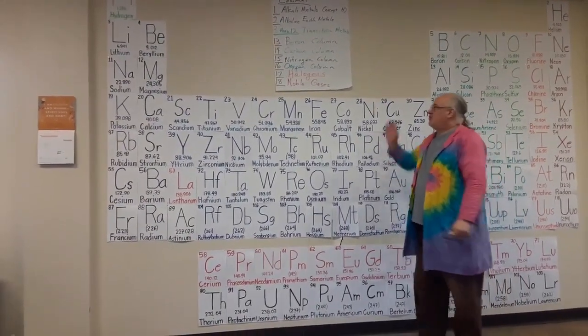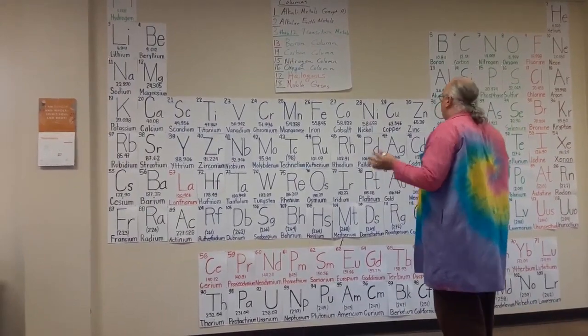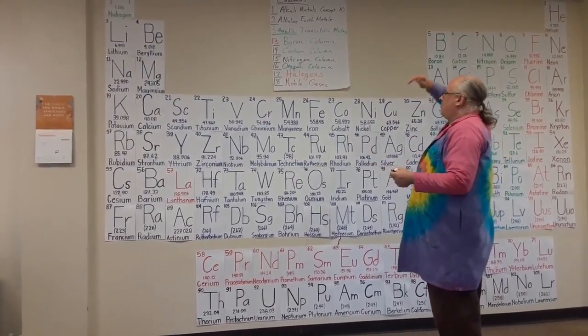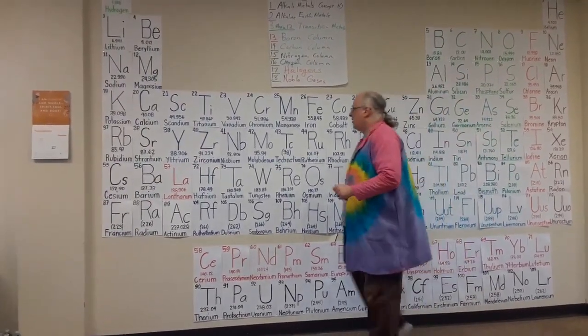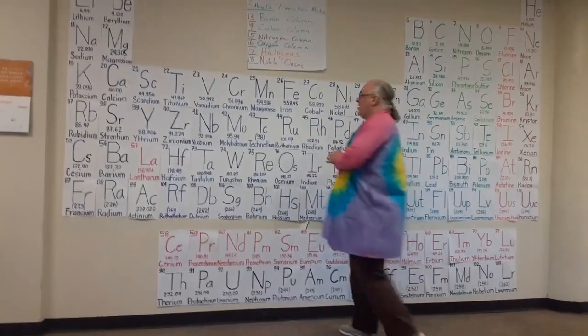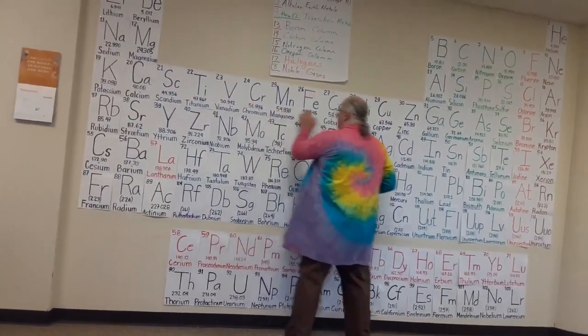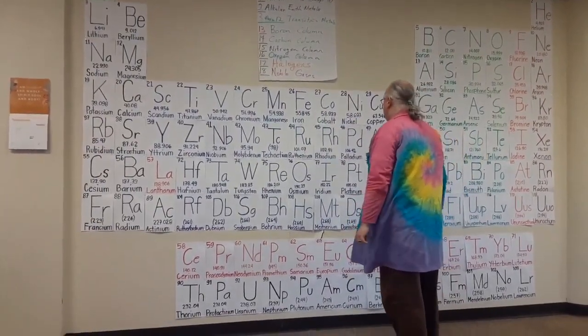So that's the first pattern here: the atoms on the periodic table are arranged in order of ascending protons and ascending mass. These numbers here that have little decimals on them are the masses.